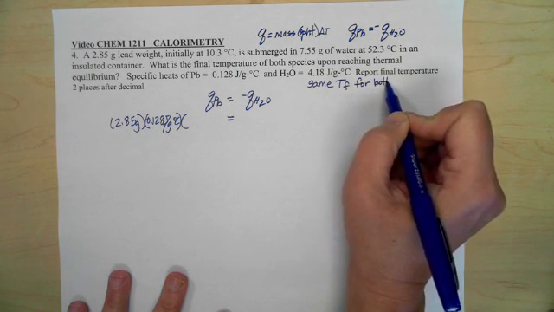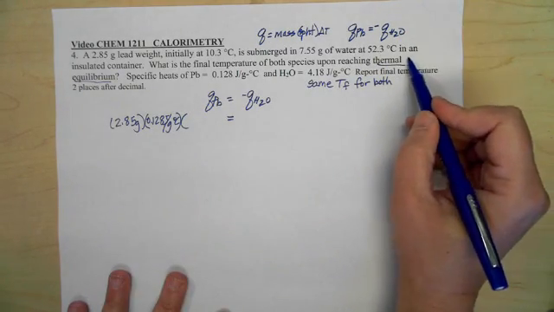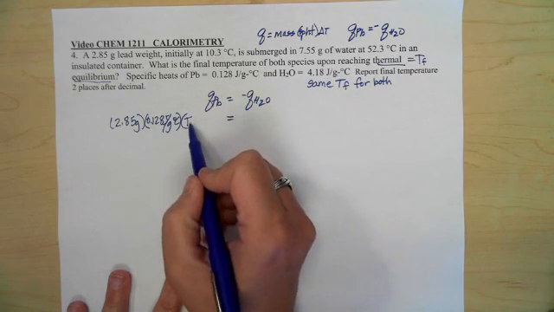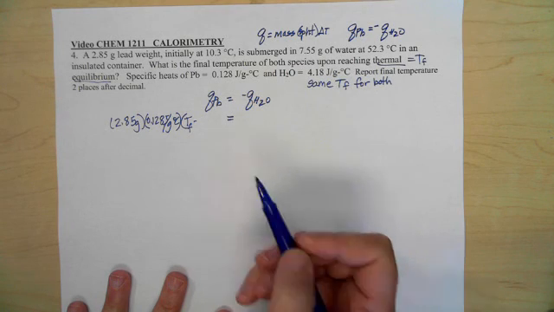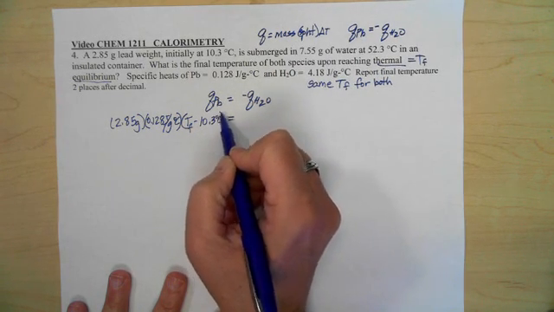We're looking for that thermal equilibrium, that's T final. So minus the initial, which is 10.3 degrees C.